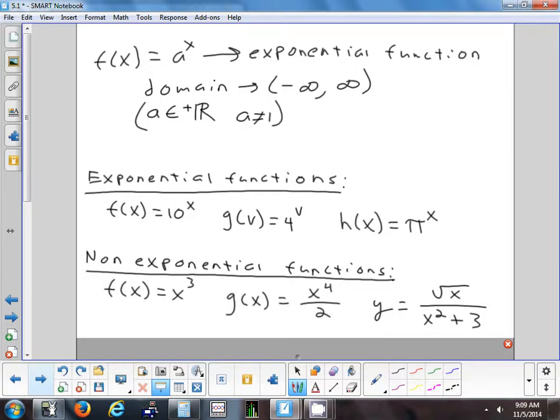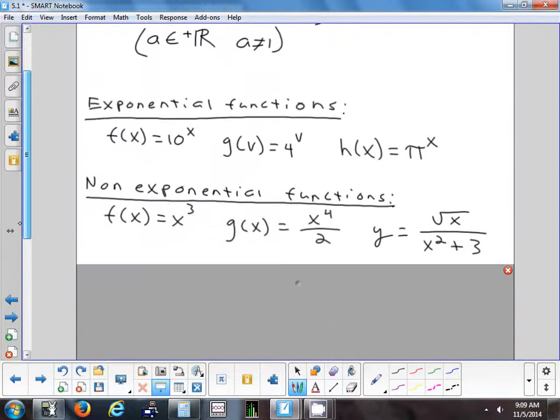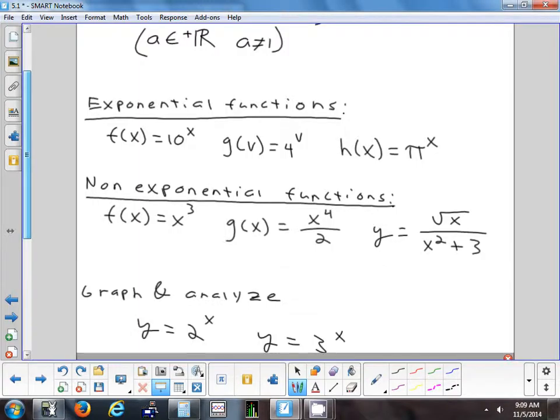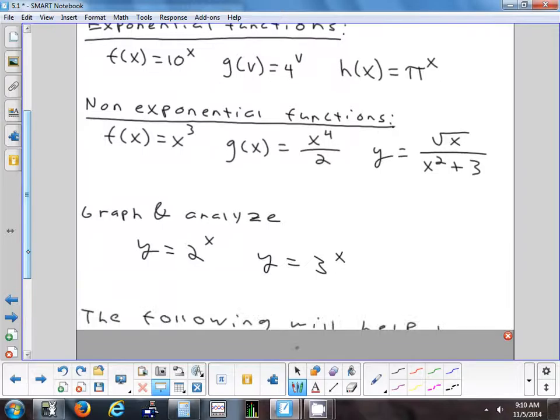The last one, square root of x divided by x squared plus 3, has a radical function on top and a polynomial on the bottom. That's not an exponential function. If you want to look in your book, I think there are more examples on page 262 of what is exponential and what isn't.